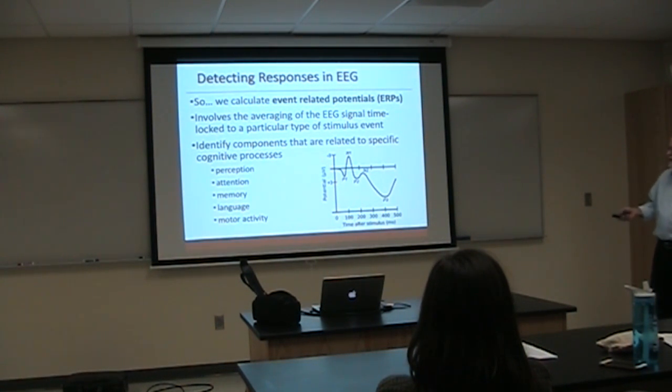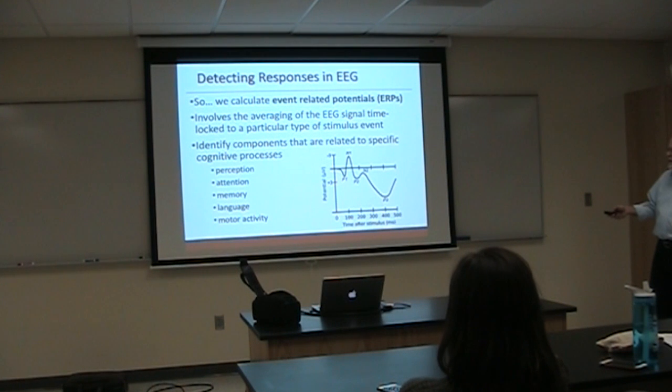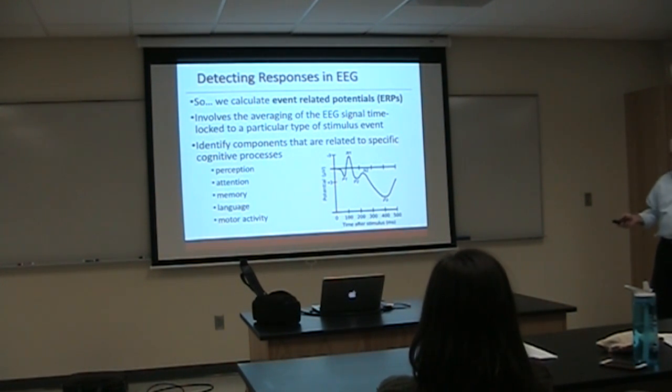And so ERPs, event-related potentials, have a particular profile. Over time, researchers have identified what we call components. This is called the P1 component, this is called the N1 component, and they're named in relation to whether the deflection from the midpoint here goes in a positive or negative direction.